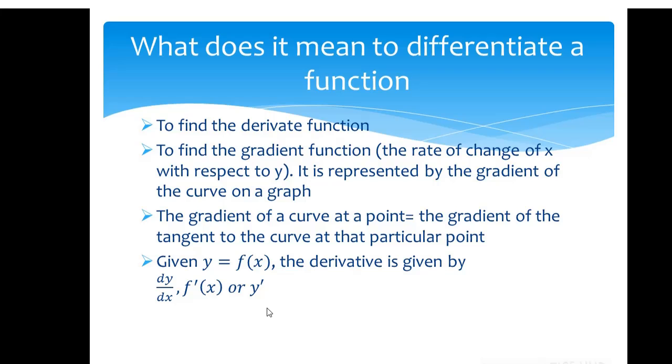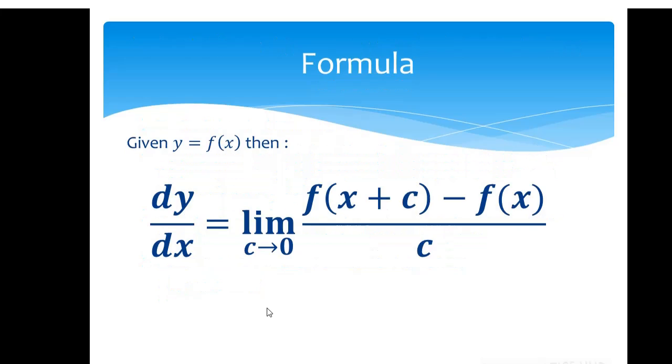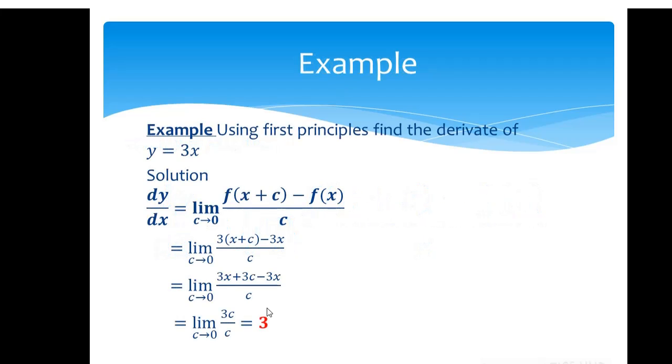So now, if we are given y equals f of x, then the derivative dy/dx is equal to the limit as c goes to 0 of f(x plus c) minus f(x) all over c. So that is the formula that we are going to be using to find the derivative of functions. So now let's see how we use this formula in an example.